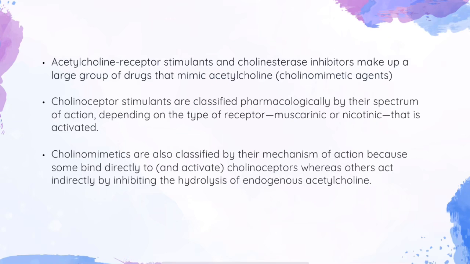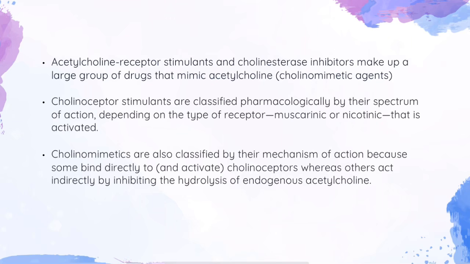Acetylcholine receptor stimulants and cholinesterase inhibitors make up a large group of drugs that mimic acetylcholine. Cholinoreceptor stimulants are classified pharmacologically by their spectrum of action, depending on the type of receptor that is activated.